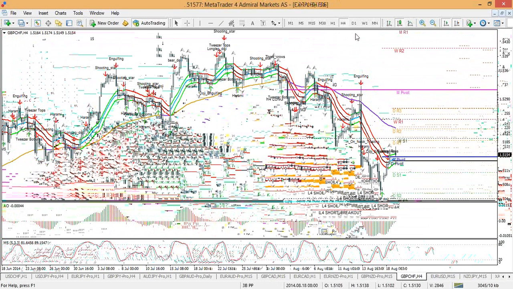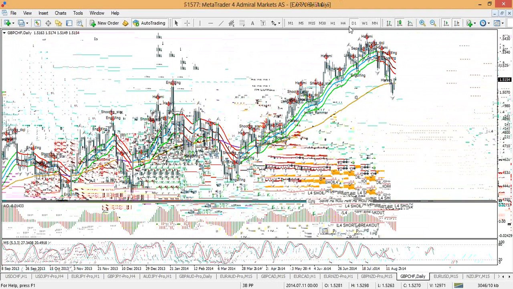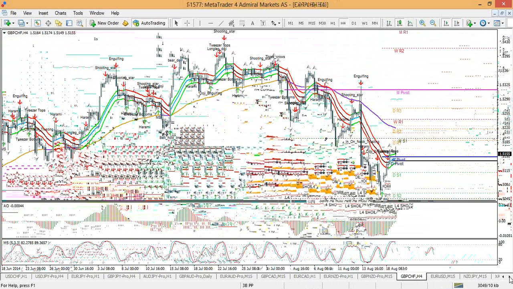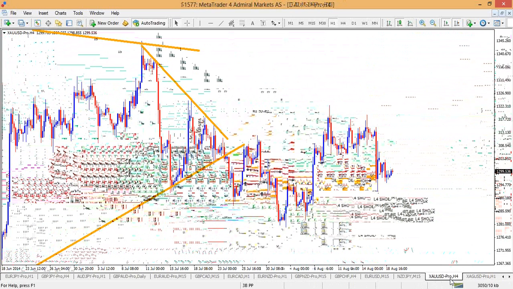Pound Swiss C downtrend. Spiky downtrend, not that super interesting. Gold also big consolidation. XAG.